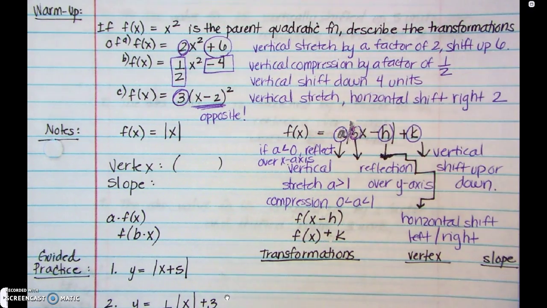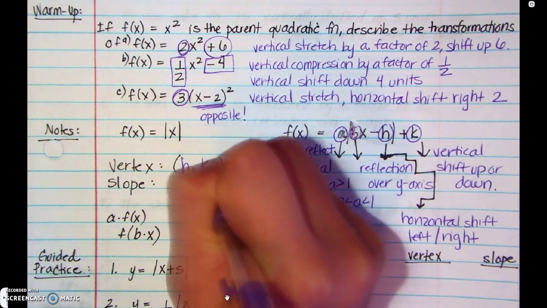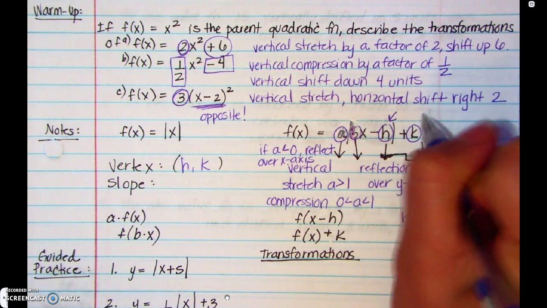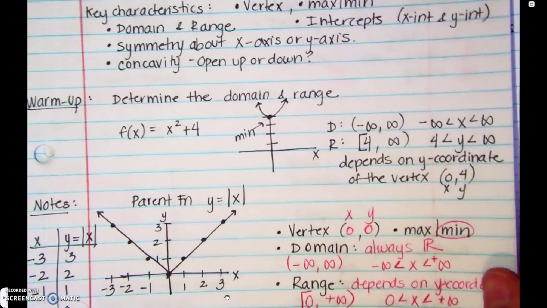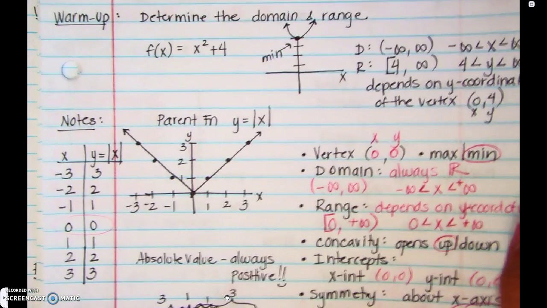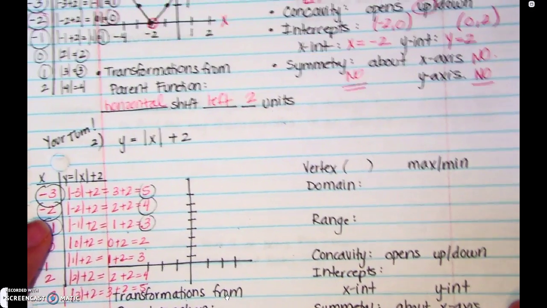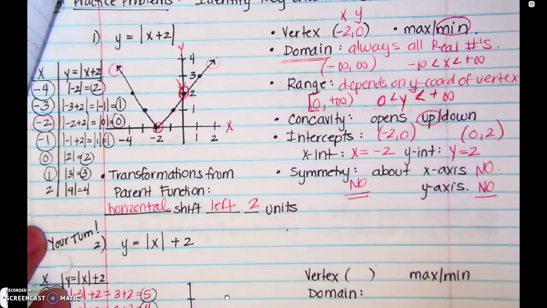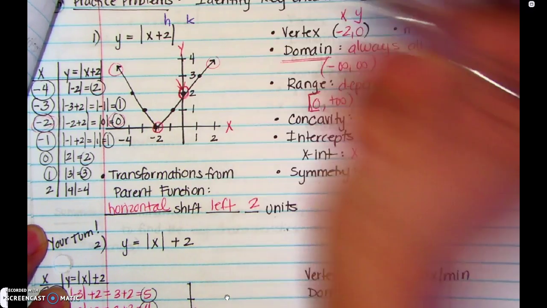It tells you what the graph looks like, how it has changed from the original parent function. The letters H and K give you your vertex. So whatever H and K are, that's going to be your vertex, which is awesome. If you notice, as a recap from the notes that we took yesterday, if you look at, let's say, number 1, H and K, H would be 2 and K would be 0.